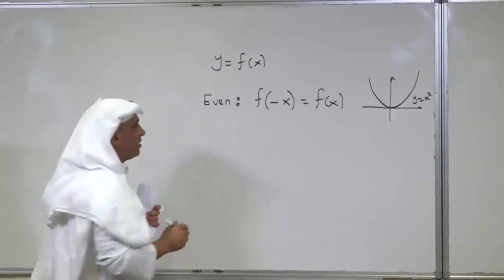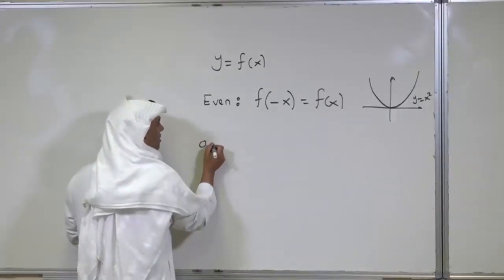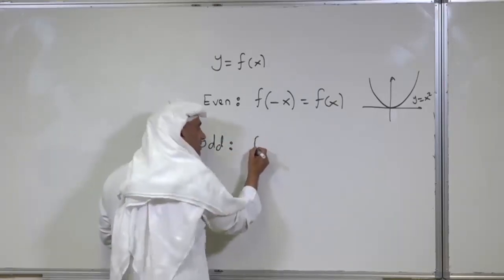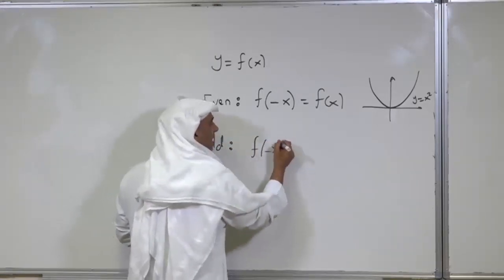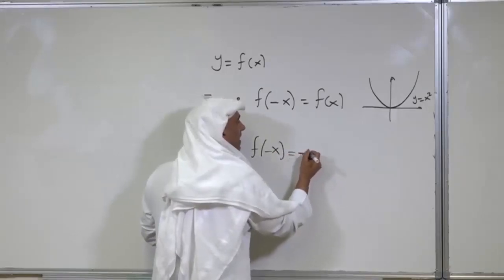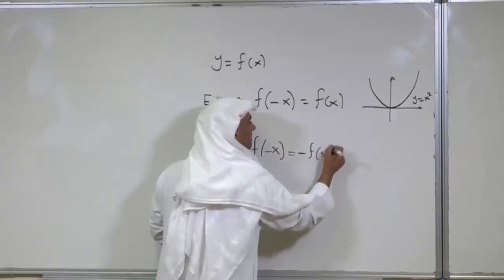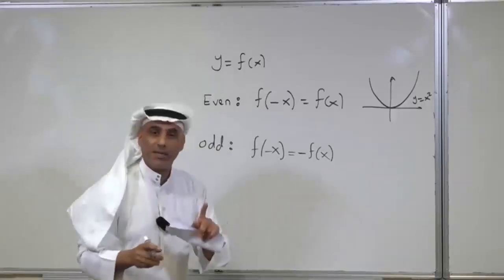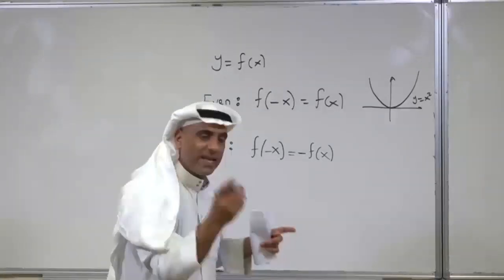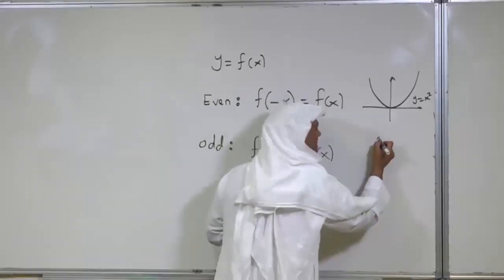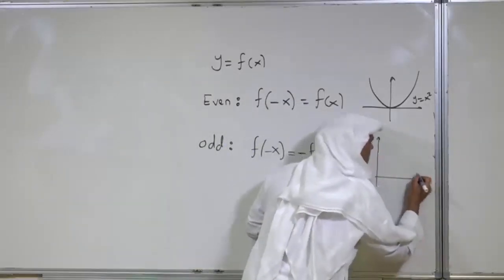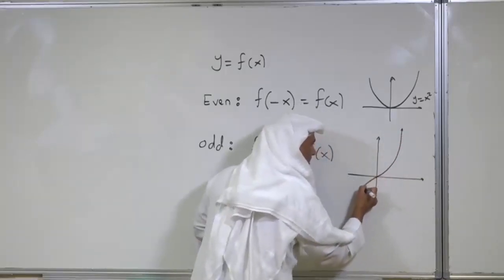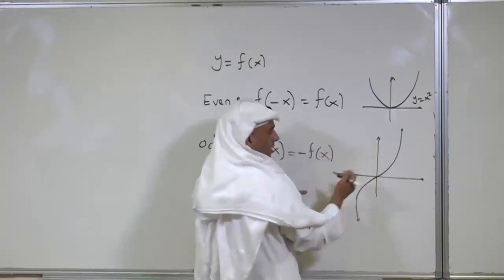What about the odd functions? When can we say that a function is odd? A function is said to be odd if f of minus x is equal to minus f of x. Geometrically, odd functions are symmetric around the origin. Typical example, y equal to x cubed, something like this, coming down, then it is symmetric around the origin.